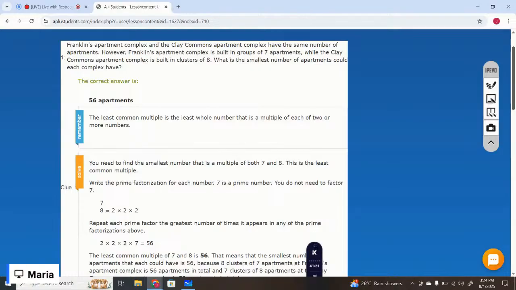So 7 is a prime number, so you don't have to make the factors, simply multiply them. 7 times 8 is 56. Let's just start with the test questions.